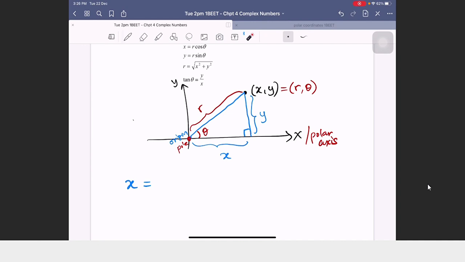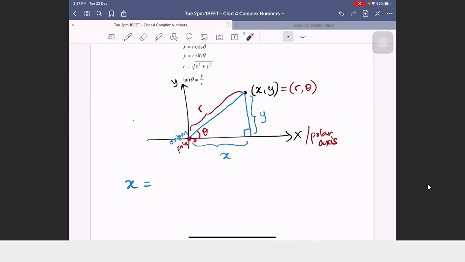I want to define x in terms of r and theta first. I want to define my x in terms of polar. X is my rectangular, so I want to express it in terms of polar first. So that means I'm looking at x, r, and theta. Forget about y, don't look at the y.